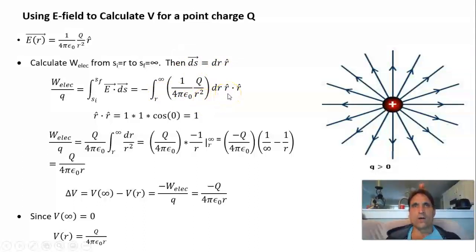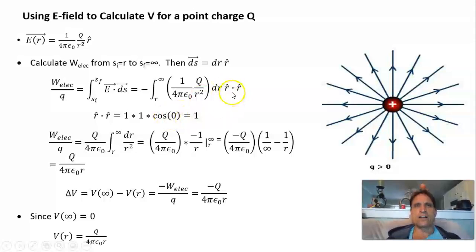Okay. Now r dotted with r, remember by definition of the dot product, these are both unit vectors of magnitude 1. The dot product says that the dot product of two vectors is the magnitude of the first, which is 1, times the magnitude of the second, which is 1, times the cosine of the angle in between. Well, they're in the same direction, so theta is 0.